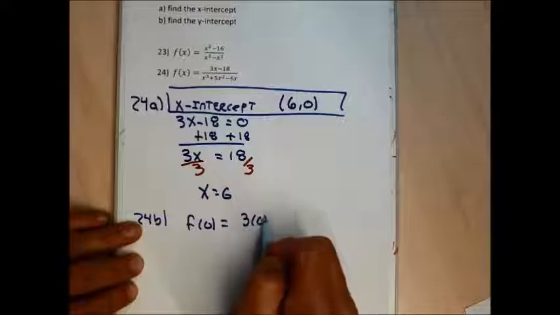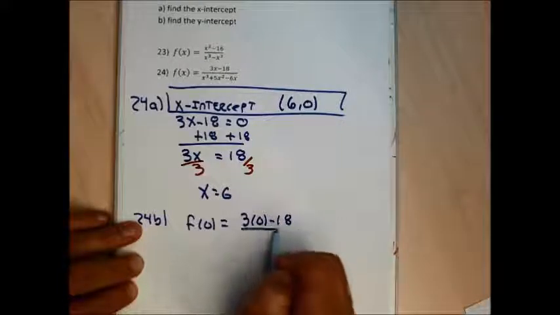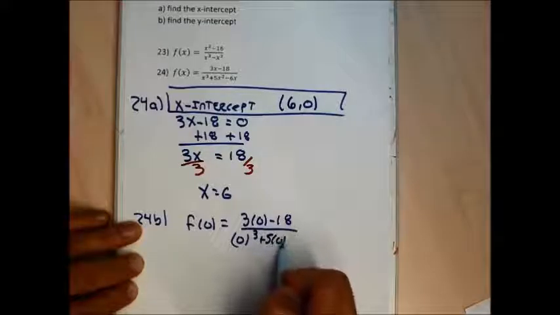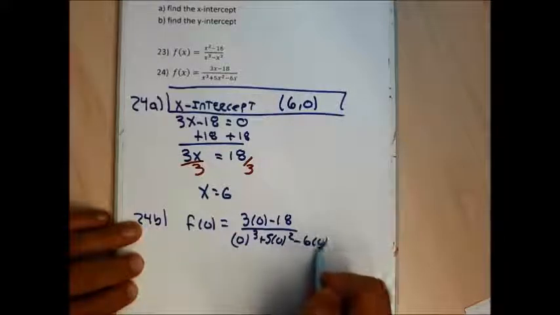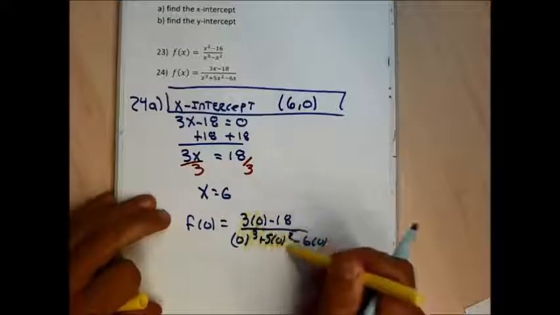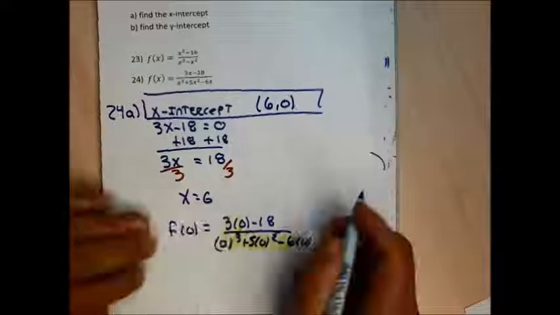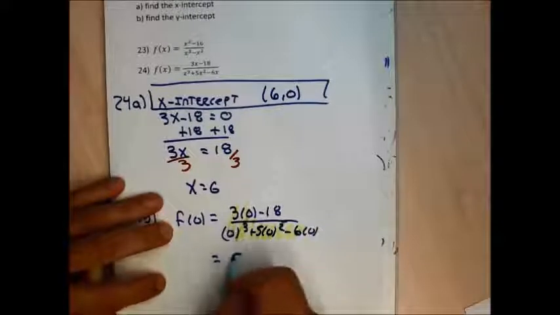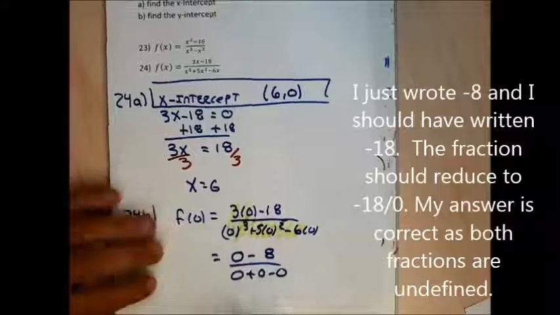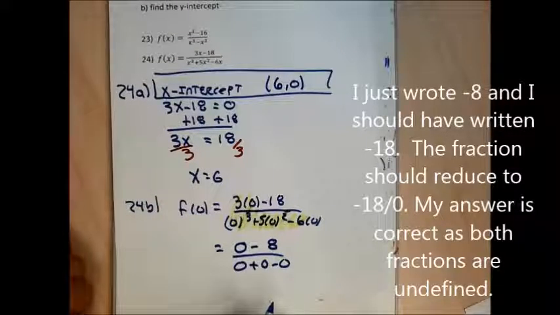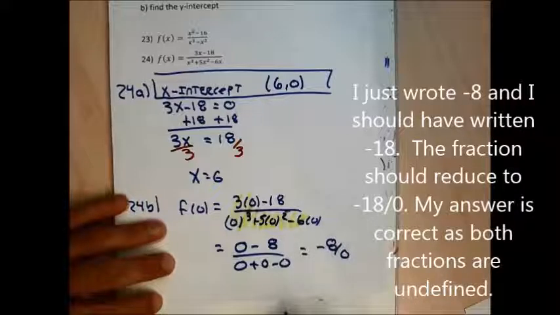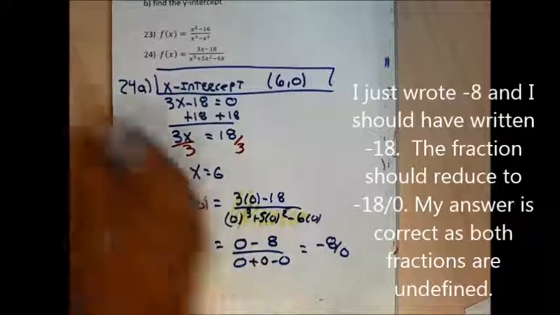For 24b, to find the y-intercept, I'm going to plug 0 in for x, so I'm going to get 3 times 0 minus 18 over 0 cubed plus 5 times 0 squared minus 6 times 0. All the pieces with the zeros turn into zeros. So this technically turns into 0 minus 18 over 0 plus 0 minus 0, which actually turns into minus 18 over 0, which doesn't equal 0.